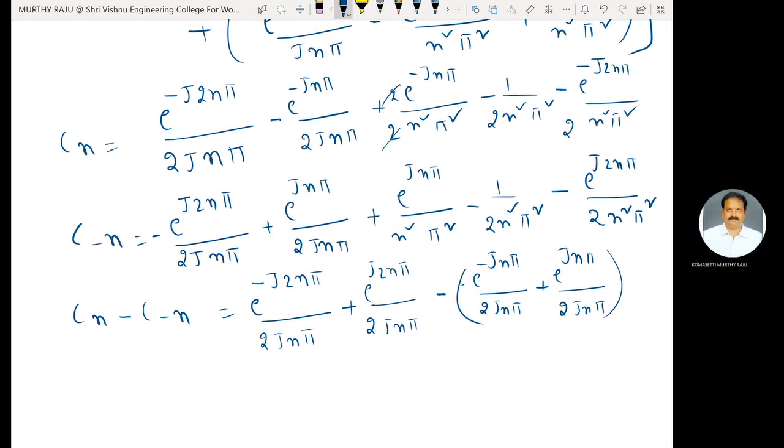Here minus 1 by 2n square pi square, minus and minus plus, these two are cancelled. These two are cancelled, and one more term is there, that is e power minus j n pi by 2j. These two, this one and this one, are completed.